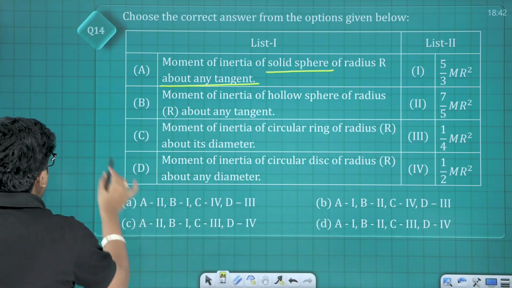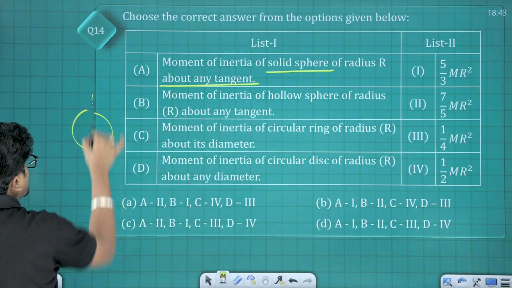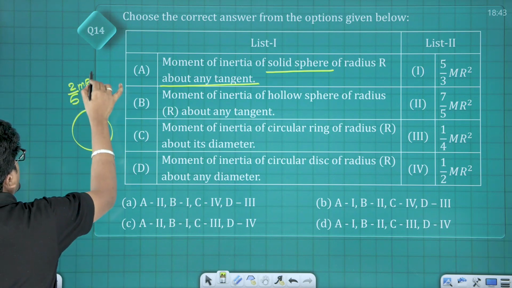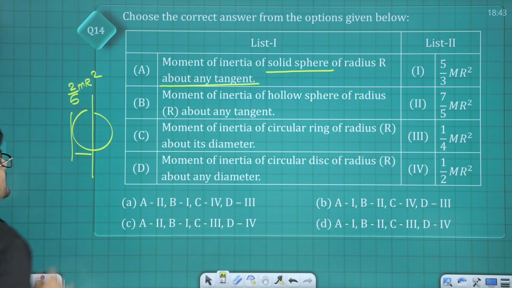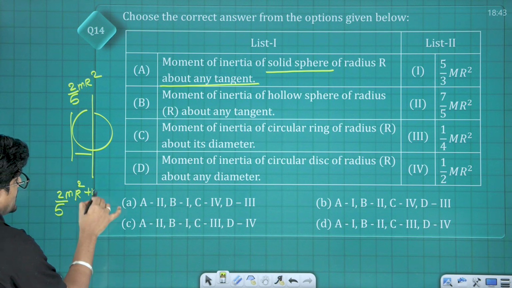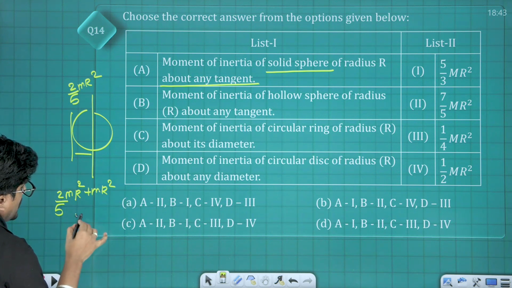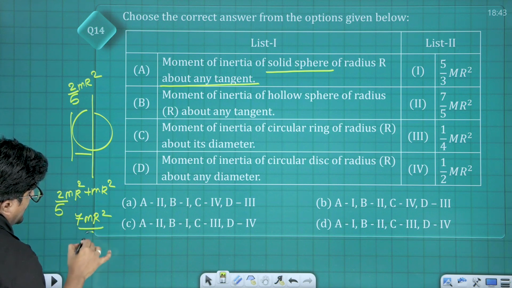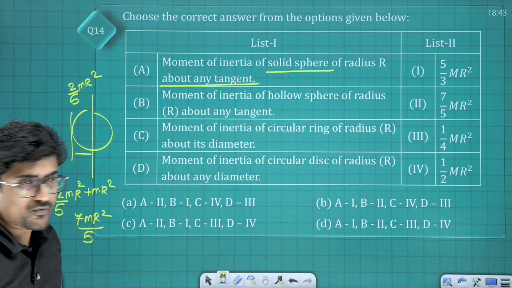The moment of inertia of a solid sphere with respect to the center of mass is 2 by 5 mr square, and with respect to any tangent I will go for the parallel axis theorem. So it's going to be 2 by 5 mr square plus mr square. So that is going to be 7 mr square by 5.